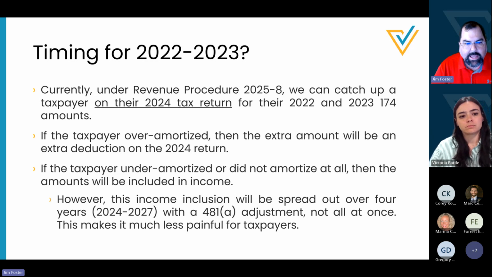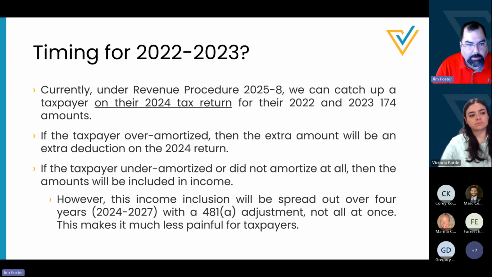It's basically designed to get you in compliance, because that's what Treasury and IRS want to happen. They don't want people skipping this. But the change to 174 amortization is considered a change in accounting method. So you have to go through and do it on a timely filed return.